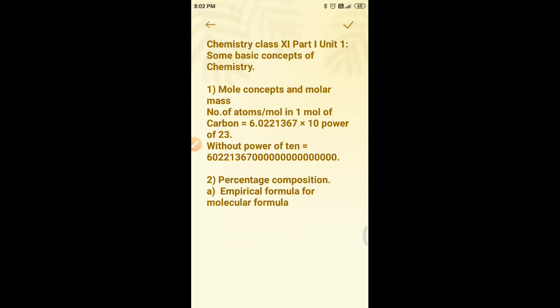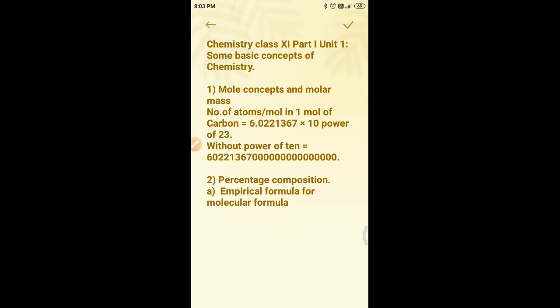Knowing that 1 mole of carbon weighs 12 gram, we have to calculate the number of atoms in carbon-12. So we take 12 gram per mole of the carbon-12 isotope, and divide it by 1.992648 × 10^-23 gram per carbon-12 atom.